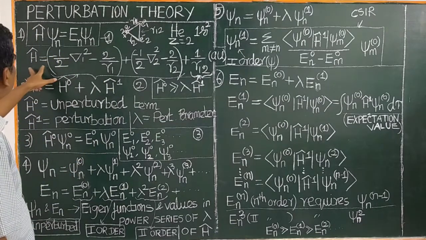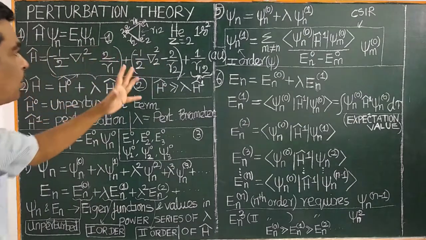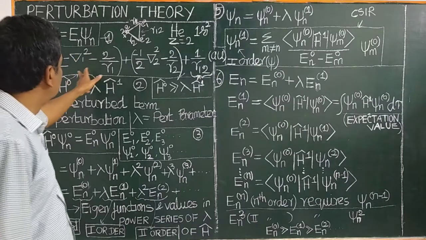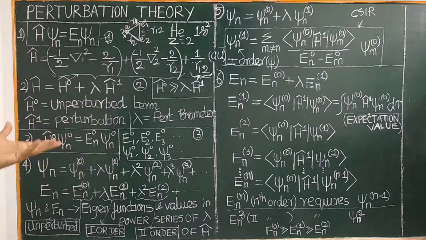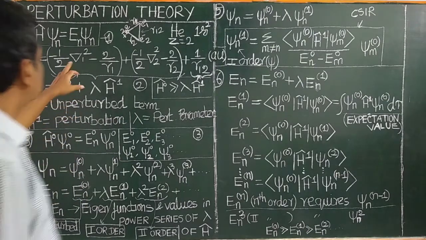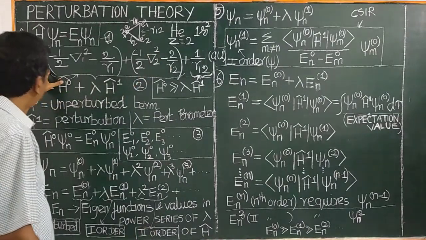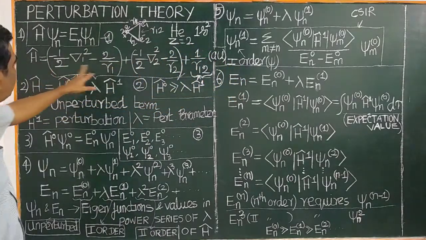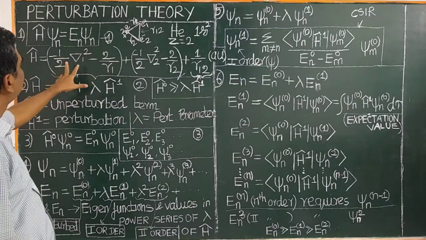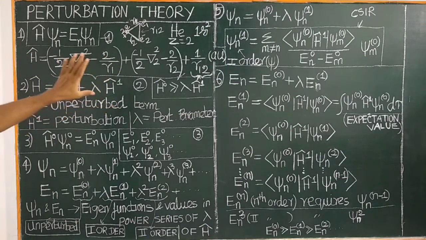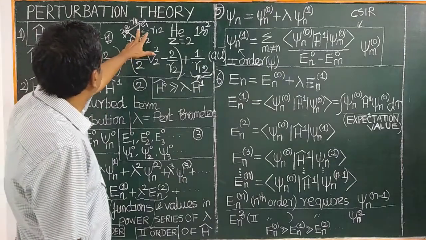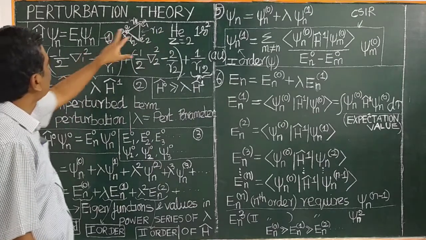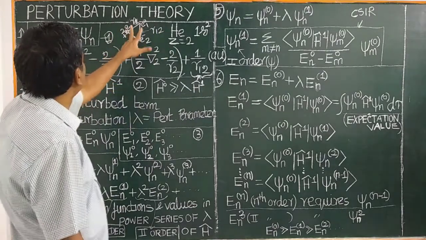Let us see the Hamiltonian operator. Let us write the Hamiltonian operator of the helium atom. We have already seen how to construct the Hamiltonian operator for a multi-electron atom. This is the Hamiltonian operator for the helium atom in atomic units. The first term corresponds to the Hamiltonian operator of electron 1: the kinetic energy operator and potential energy operator of electron 1.